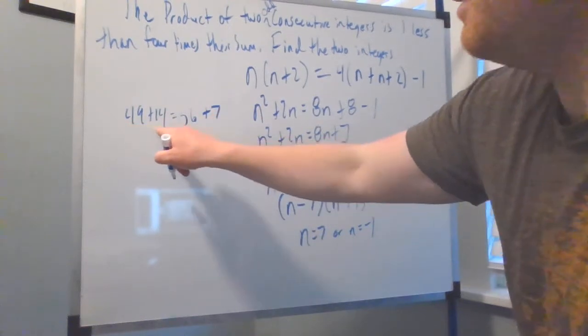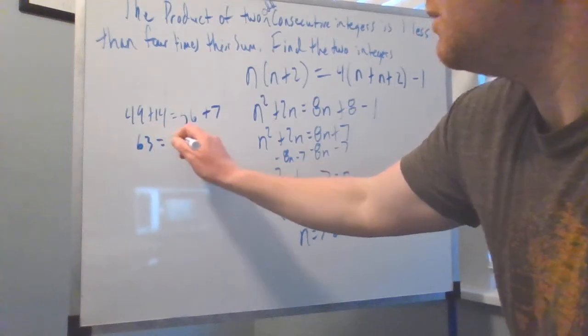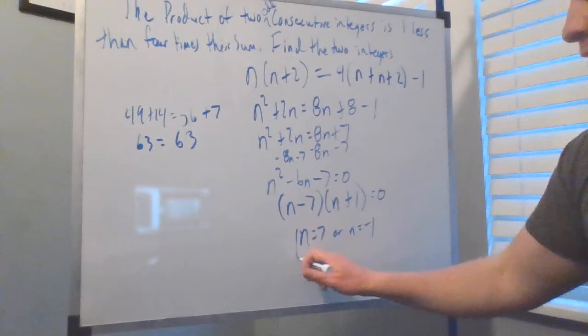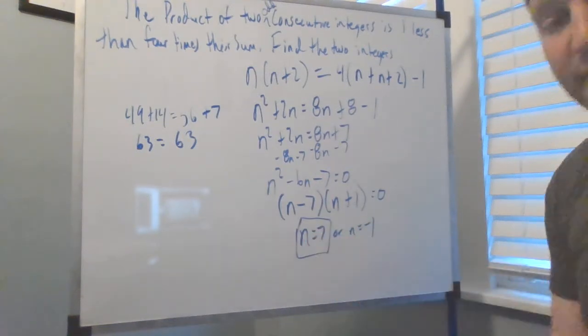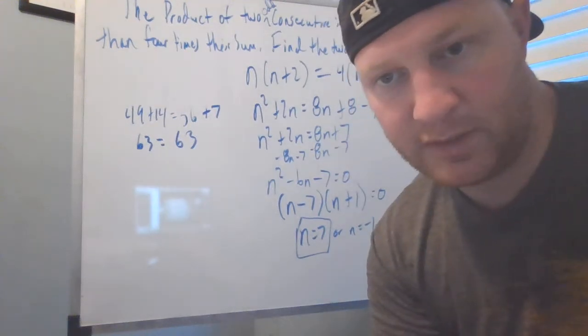So I got 49 plus 14 is going to be 63 equals 63. So we figured it out on the first one. This is our valid answer, n equals 7. And I'll have one more for you in just a second.